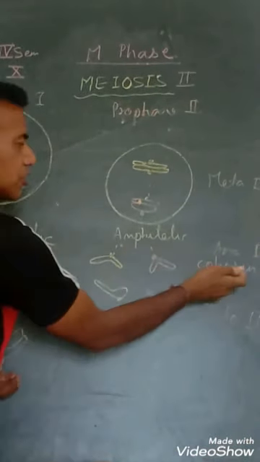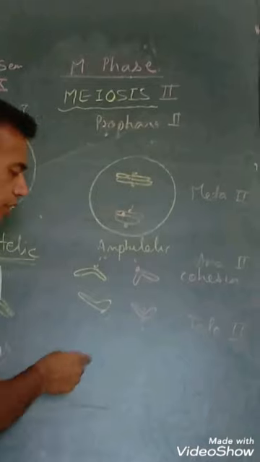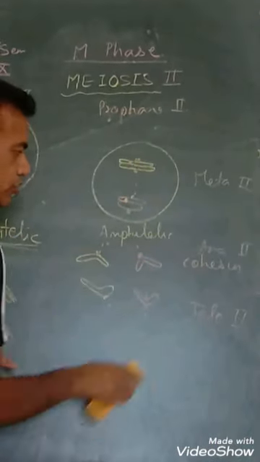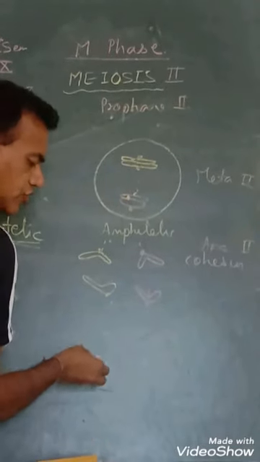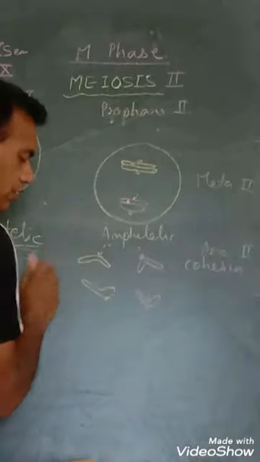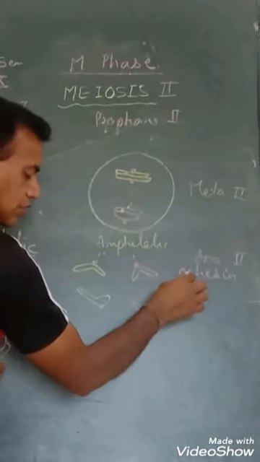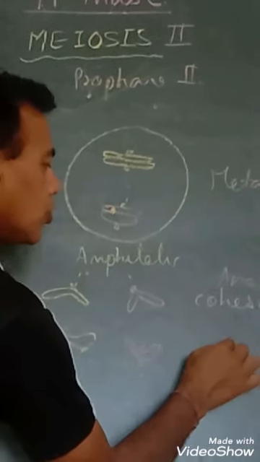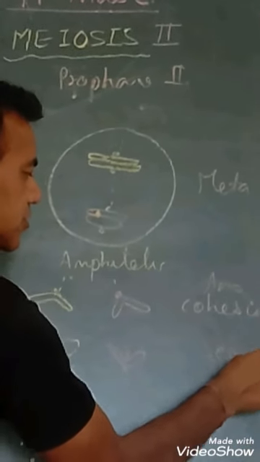Now here something very interesting is taking place. These two chromatids are attached by a cohesin protein which breaks by the activity of another protease enzyme known as separase.